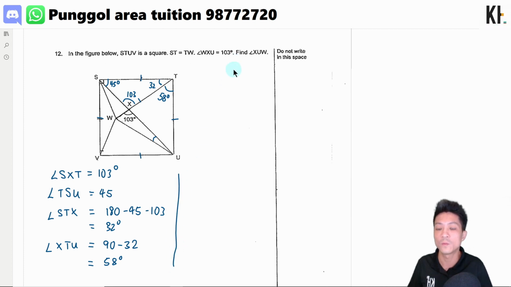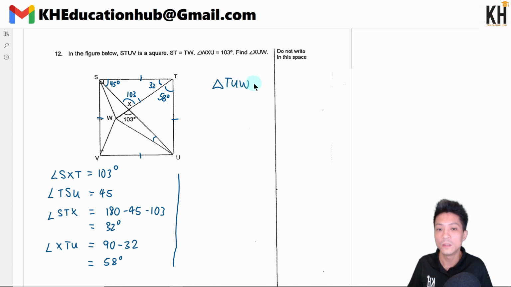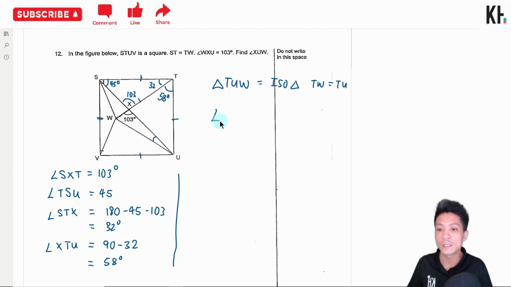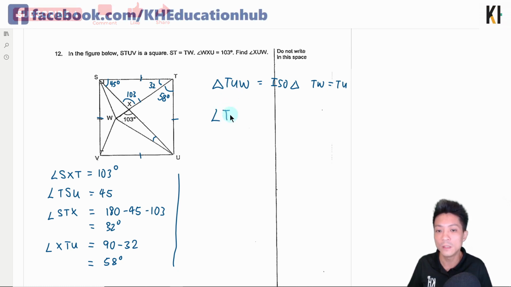Next step, we need to realize that triangle TUW is actually an isosceles triangle, because TW is equal to TU. So now I can find angle TUW. Angle TUW is 180 minus 58 and then divide by 2.